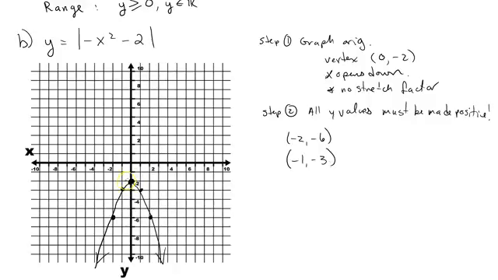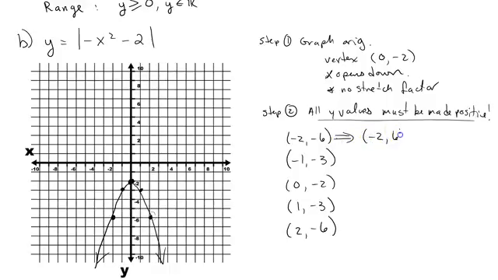Here I have 0, -2. Here I have 1, -3. Here I have 2, -6. So when I find the absolute value of all of the y values, that results in -2, 6.